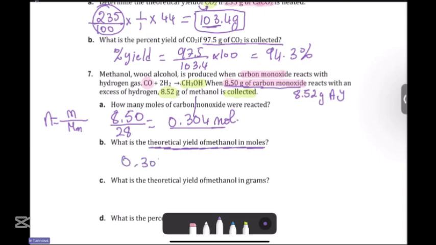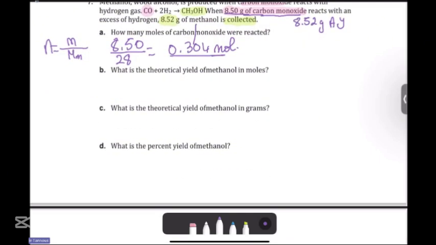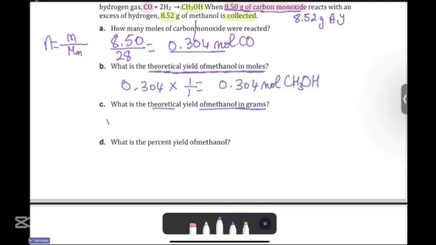So 0.304 times 1/1. So here it was mole of CO. Now it is mole of CH3OH. Then we multiply to get the mass of this theoretical yield. So the mass of the theoretical yield is 0.304 times the molar mass of this one, which is 12 and hydrogens and all the oxygen, 32.